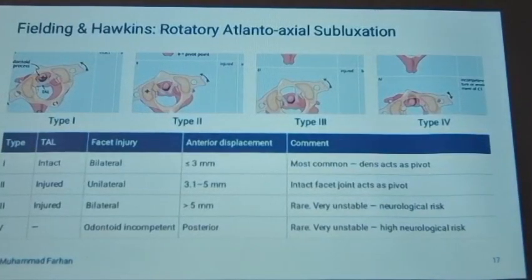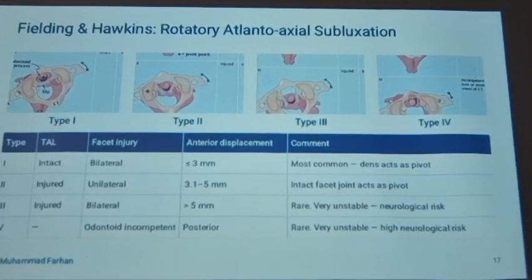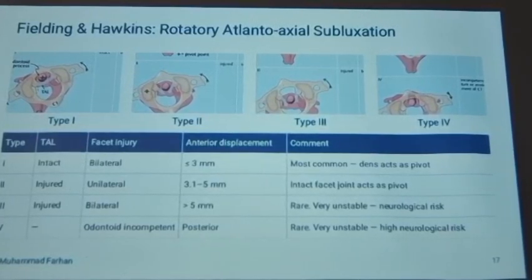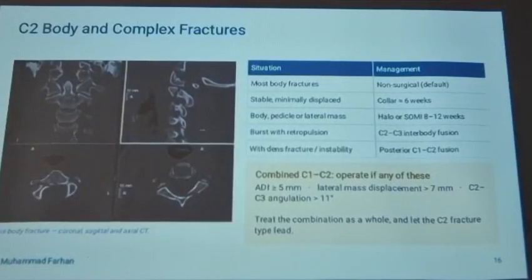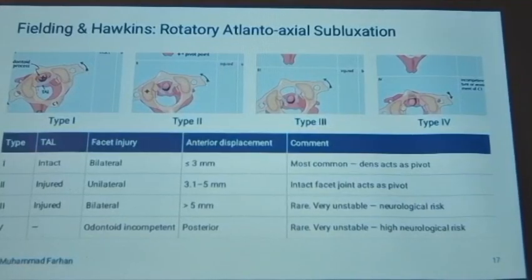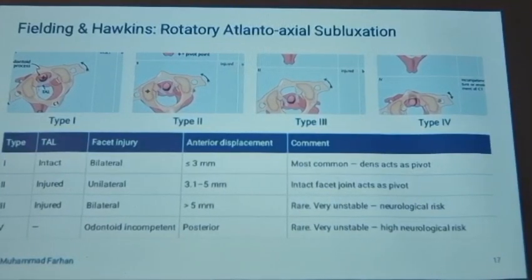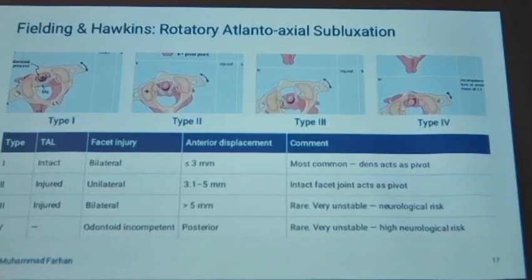Then in the anterior subluxation, or the atlantoaxial subluxation, we can classify the different types of subluxation through the Fielding and Hawkins classification.